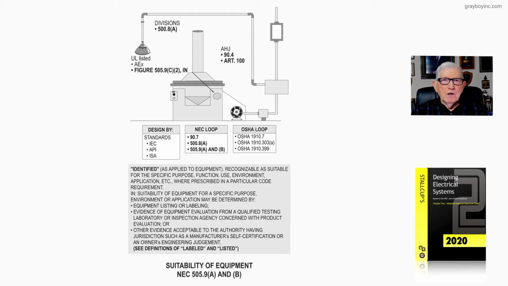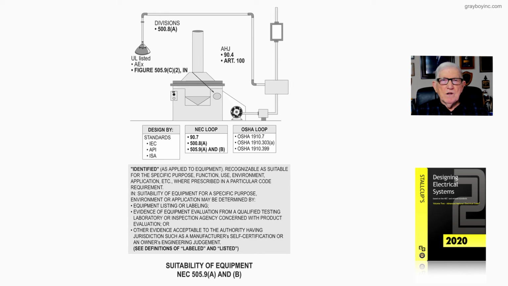Now, in the oil industry, it's not unusual at all for industrial control panels to be designed using a Hoffman box with components listed and labeled, put inside the box, and it becomes an assembly. And then under owner's engineering judgment, it's approved.